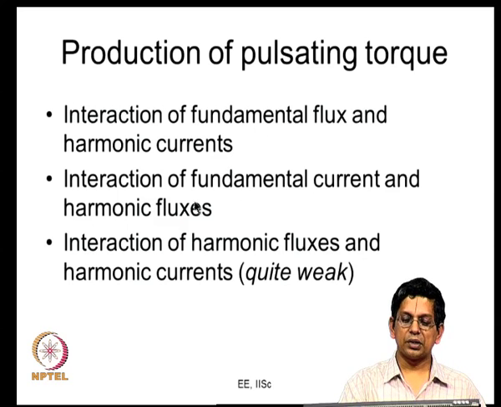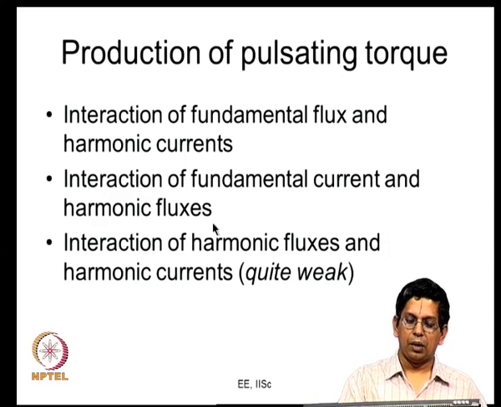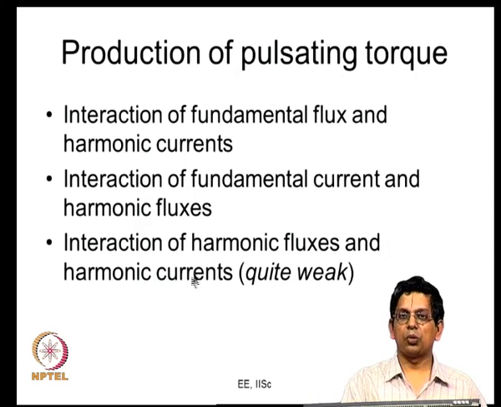We can also look at this as an interaction between fundamental current and harmonic fluxes, but the interaction between harmonic fluxes and harmonic currents is quite weak. So, what we would essentially say is we can look at the stator side fundamental flux or air gap flux, whichever way, and then look at the rotor harmonic currents, and you can evaluate the 6th harmonic or the 12th harmonic pulsating torque.